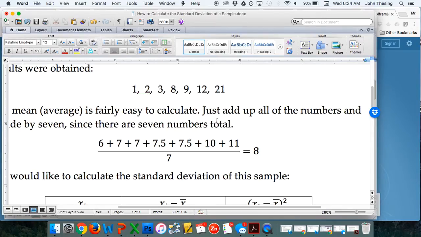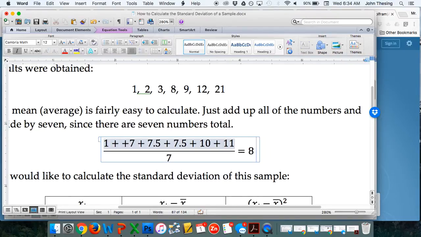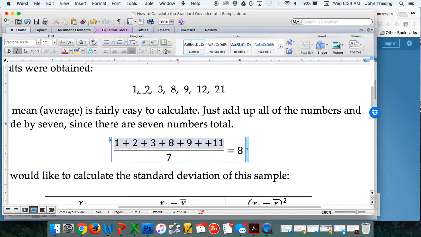Let's do 21 here. Okay, so if we change this here, 1, 2, 3, 8, 9, 12, 21, and we divide by 7, we should still get 8. Let me just double check that real quick. 33, 42, 50, 56 over 7 is 8.